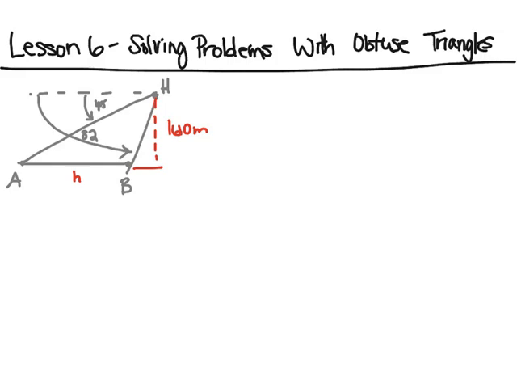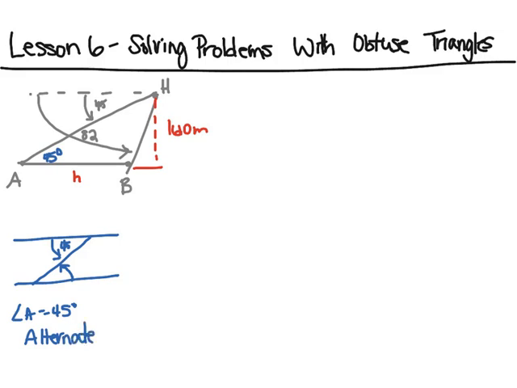So first, what you should look at is that we have two parallel lines cut by a transversal. The first one we see is this is 45. And we know because of alternate interior angles, this angle is also 45. So angle A is 45, reason being alternate interior.